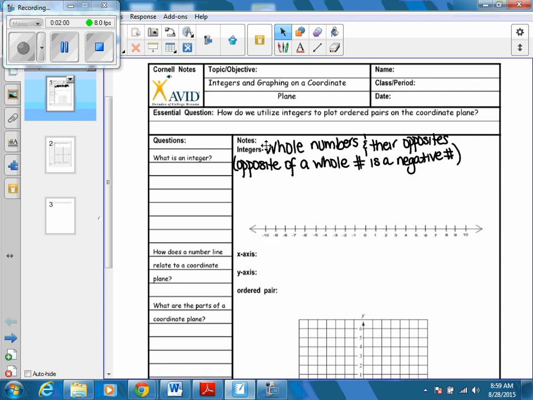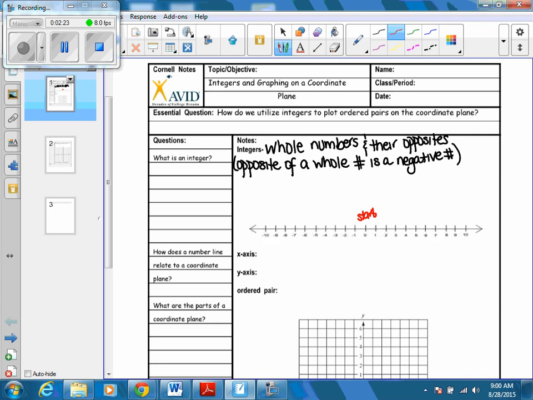Let's talk about some things on this number line that we have. I have a number line that goes from negative 10 all the way to positive 10. Now you know number lines go on forever. Right here is my start, and my start is always going to be at 0.